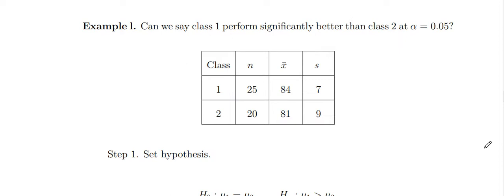Suppose that we have a common exam for these 2 classes. For class 1, the average is 84. Class 2, the average is 81. So from here we can say class 1 performs better than class 2, right?